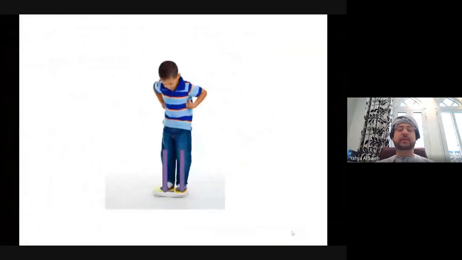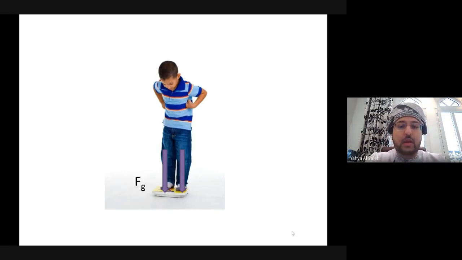Now this is something that we do on a regular basis. Check what our weight is. What we're doing is we are measuring Fg. I have a certain mass, 50 kilos, 80 kilos, 100 kilos.